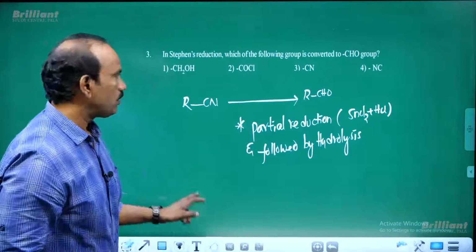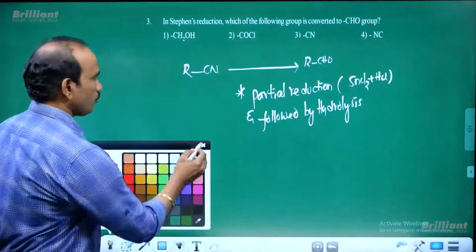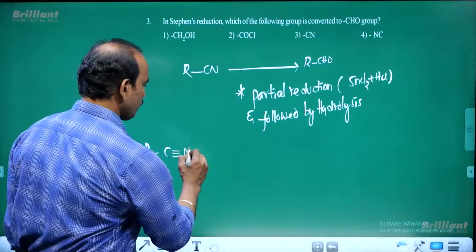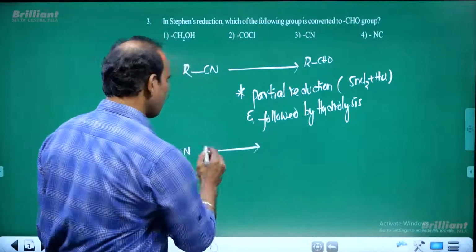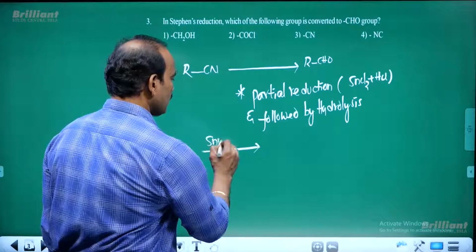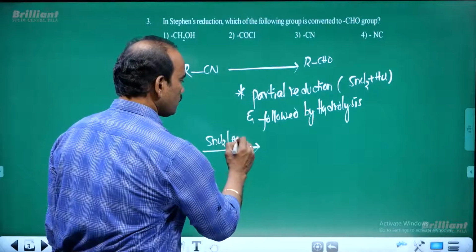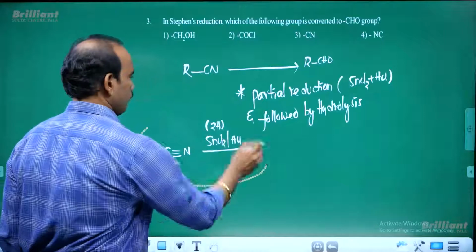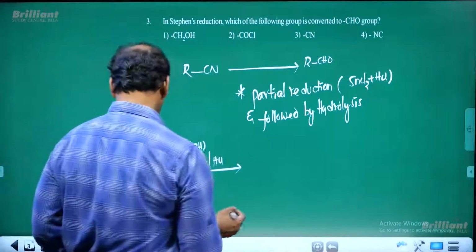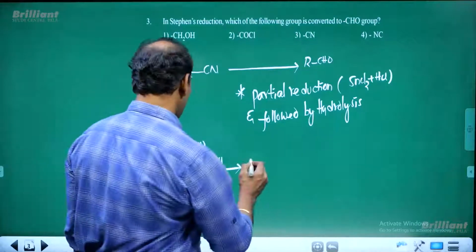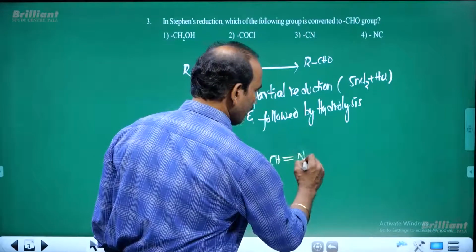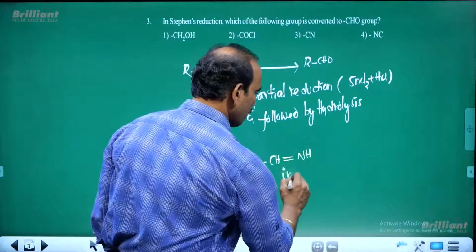Now here R C triple bond N is treated with SnCl2 and HCl, get 2 hydrogens. Then this is RCH double bond NH. These are the imines.